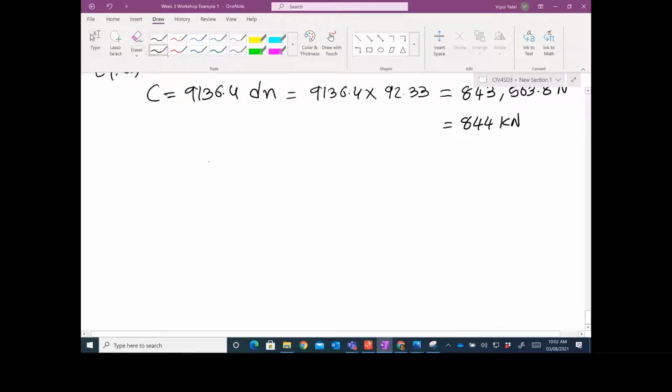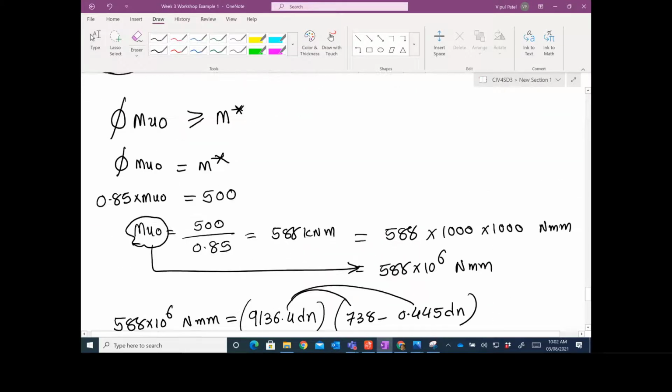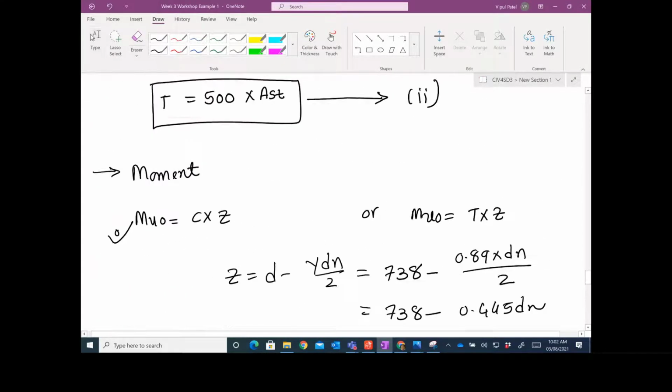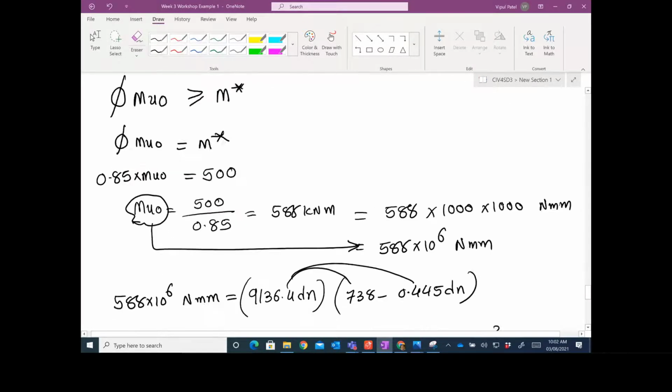As you know, equilibrium: compression force in the concrete equals tension force in the steel. Compression force in the concrete is 844 equal to the tension force. The tension force we have in the steel, equation number 2, is 500 AST.